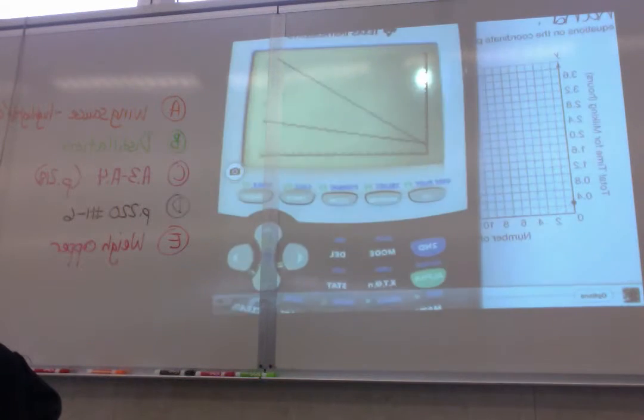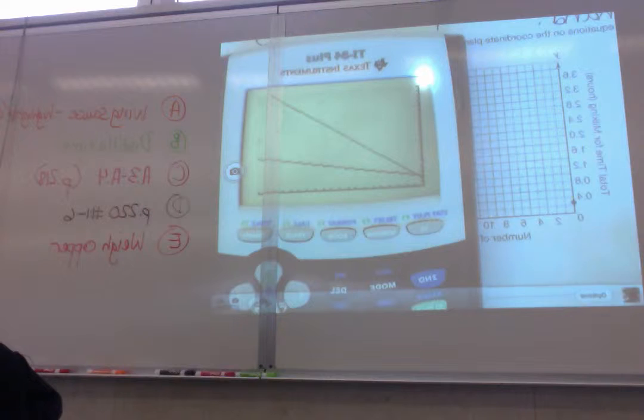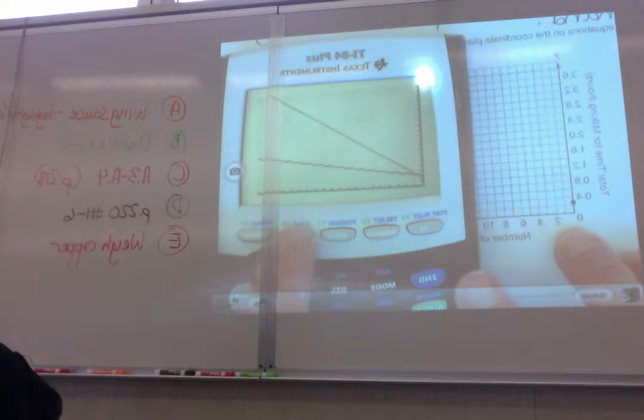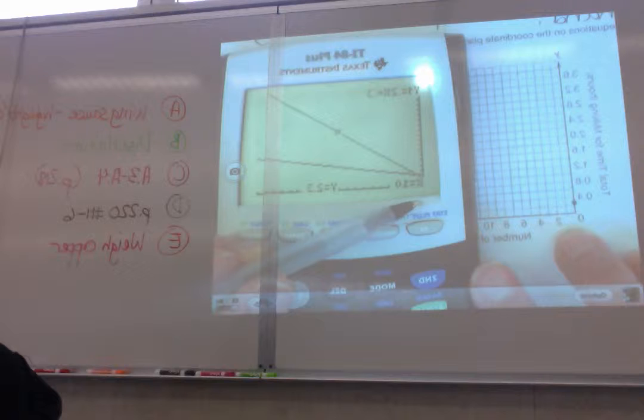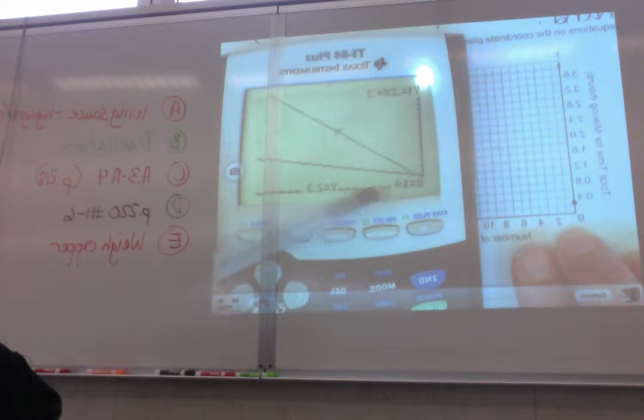Now, I am going to see how to put this. I'm going to do a trace. I'm on that top line. Look at this. I pushed trace because I need some more points to help me out. I put 0.3 first, and now it says when x is 10, y is 2.3.